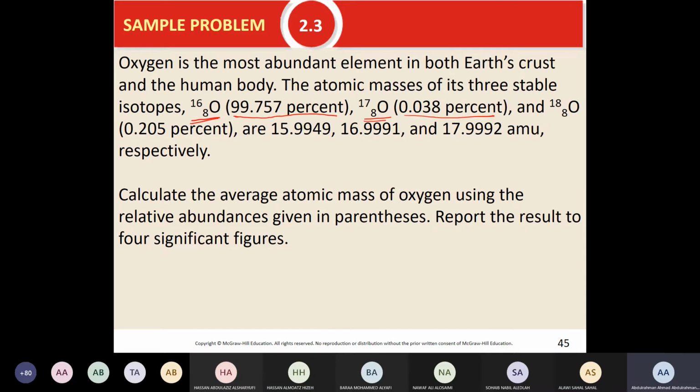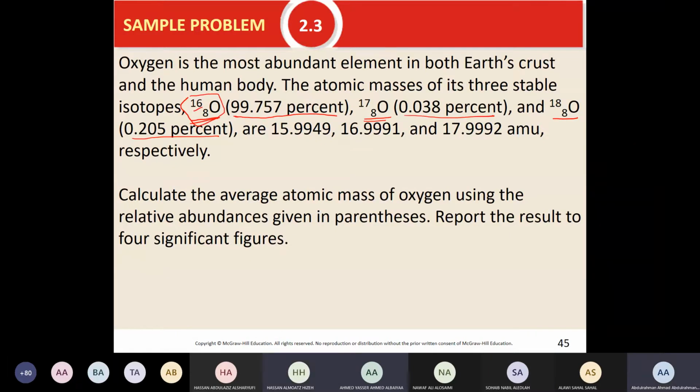And here, there is a third isotope, 18. That's the relative abundance of 18. That's also the exact mass. What's the mass of oxygen 16? What's the atomic number? No, sorry, atomic number is 8.